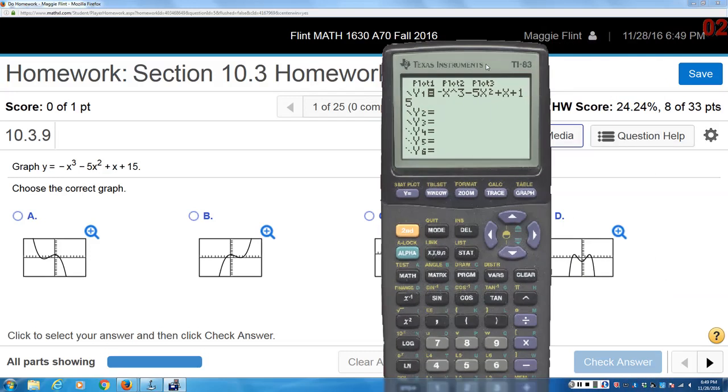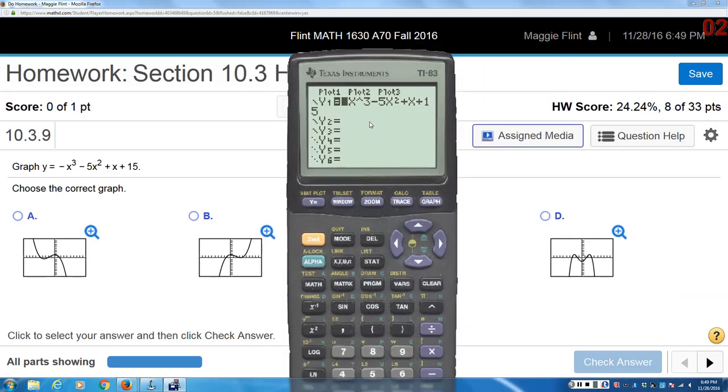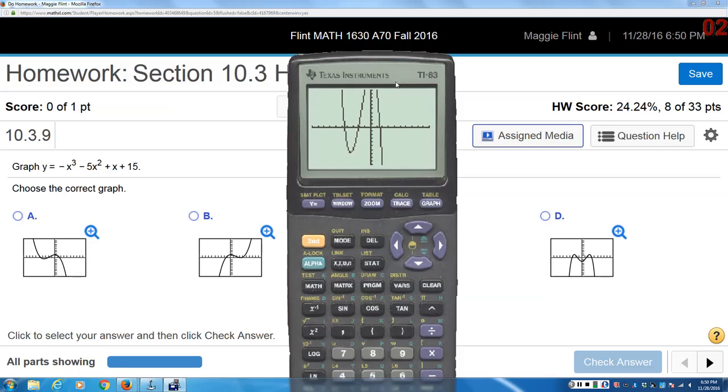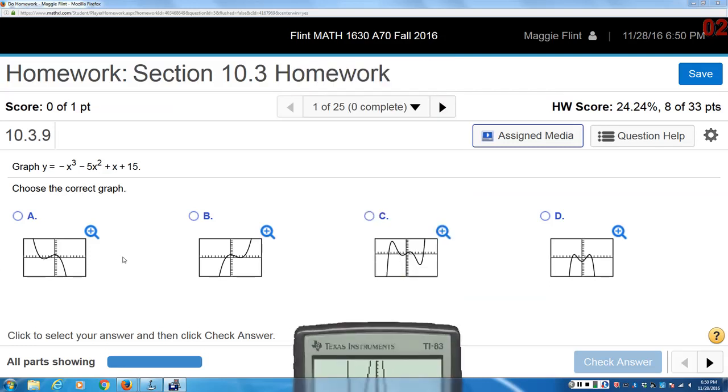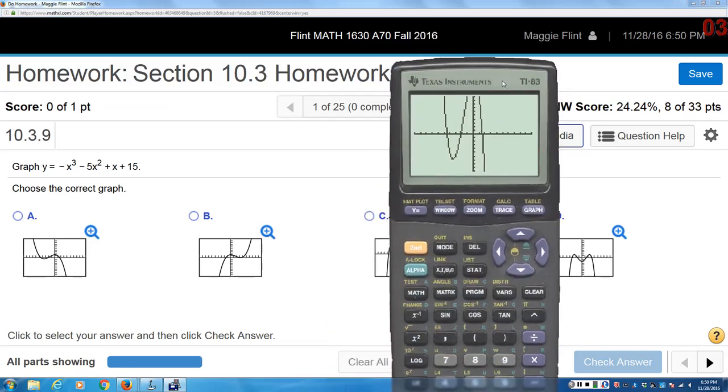Try to get this down where everybody can see it there? Okay? So when we graph it, I see that, and it doesn't really look like any of those. So I'm wondering, what did they use for their scale?